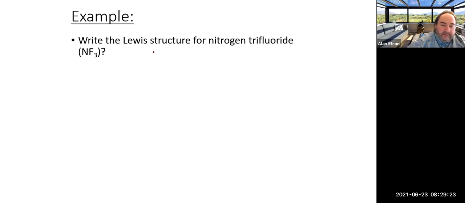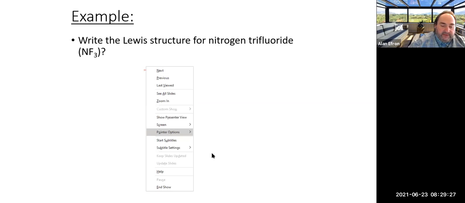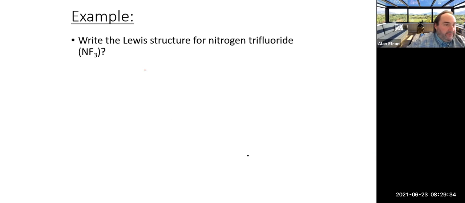That is the easiest way to figure out how many valence electrons you should be drawing in your picture. On the periodic table, nitrogen is in group 5, which means 5 valence electrons. There are 3 fluorines here, and each fluorine is in group 7, which means 7 valence electrons. So that is 21 and 5, which means 26 valence electrons.